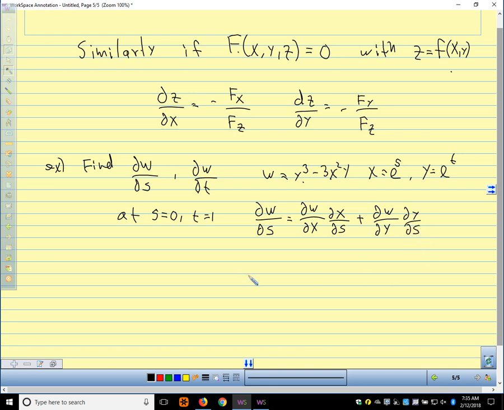That's what our chain rule tells us. I'm just writing out our chain rule results here. Partial of w with respect to t. We're still going to need partial of w with respect to x, and then we need dx dt, plus partial of w with respect to y, dy dt.